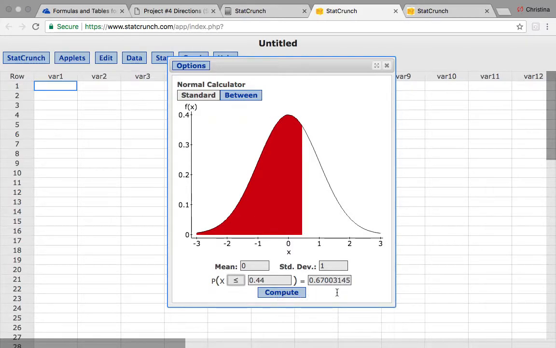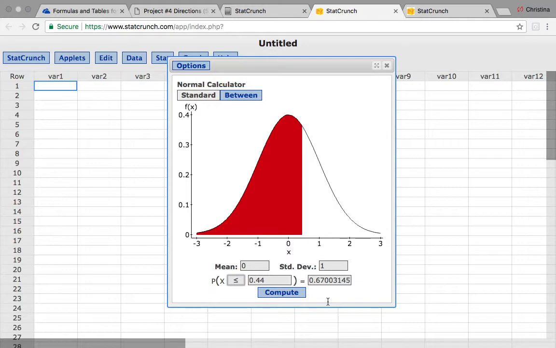gave me the answer. So what this means is, if we're finding the probability or the area, which is this red part, this entire area is equal to 0.67, and I know that's a really long decimal because it's giving us the exact or close to the exact value, but you can always just round those.